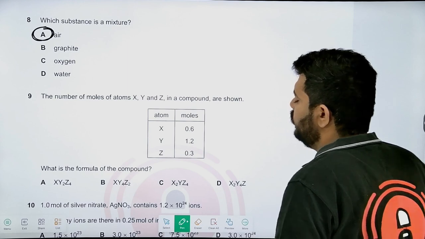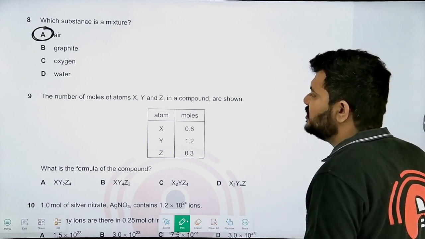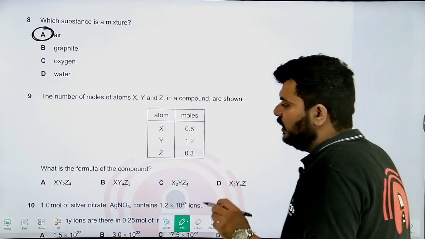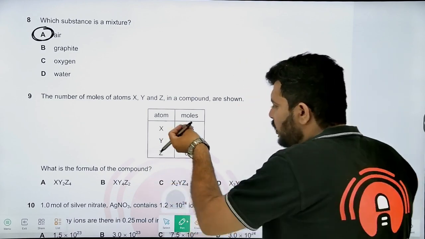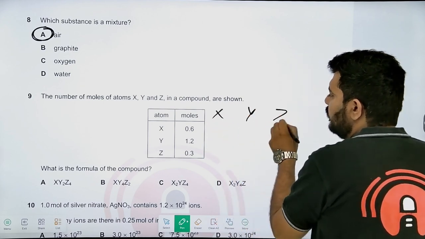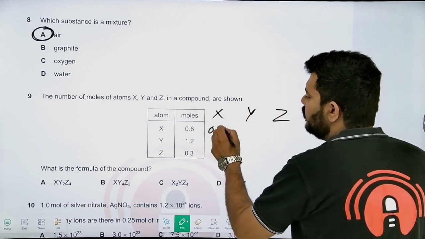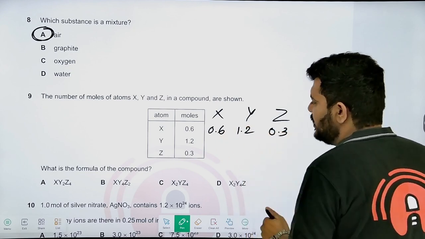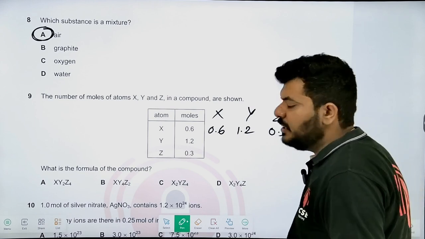The number of moles of X, Y, and Z in a compound are shown. What is the formula of the compound? See, what are they doing? They are shortening the method and asking us to find the formula from their ratio. So what I will do, I will simply write them like this, and I will divide all of them by their HCF.